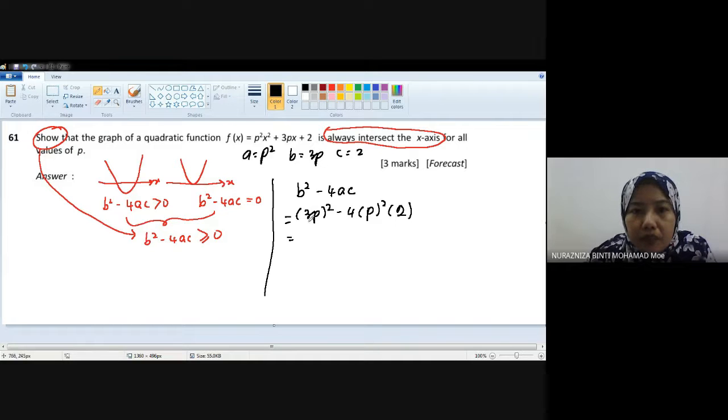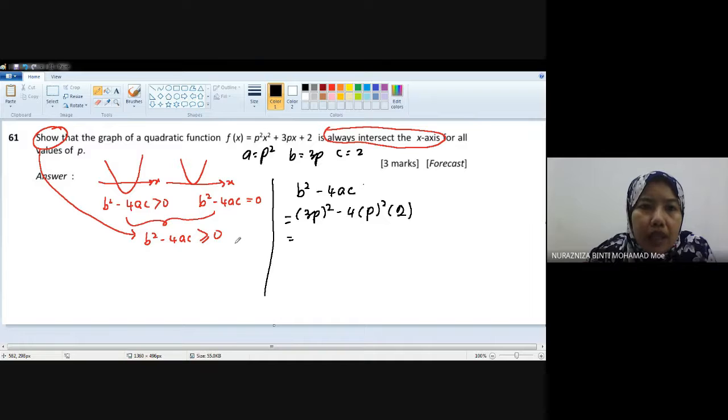Okay, you just calculate this first. So now 3p squared, sorry, show that the graph always intersects the x-axis for all values of p. So we want to show this.